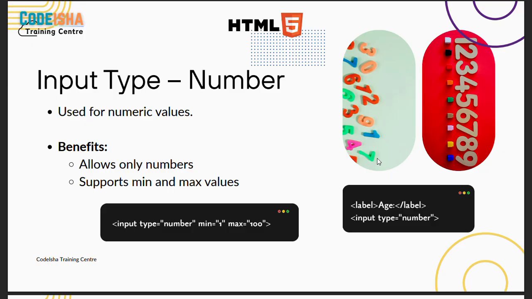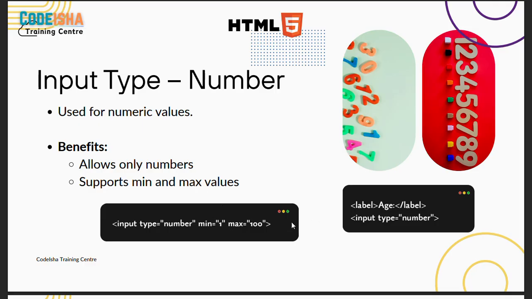If we need to declare only a number input type, we can go with this piece of code. If we need not only a number but also the minimum and maximum, then we need to go with this syntax. Let's add this one and also this one.